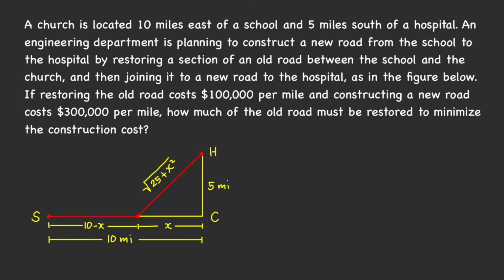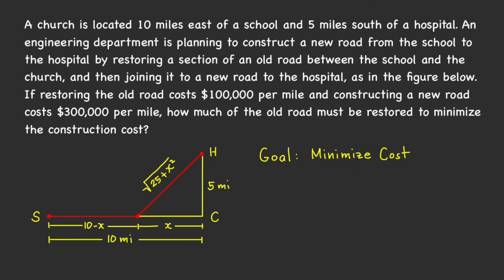So if I represent this to be 10 minus x, then this section here is equal to x because the distance between the school and the church is 10 miles. Okay, now what is our goal? We want to minimize the construction cost. And what is the construction cost here?